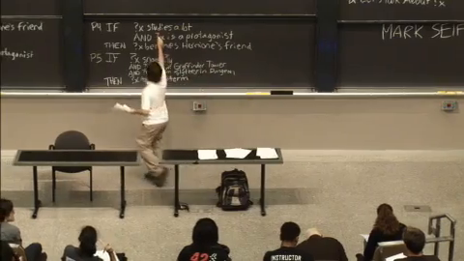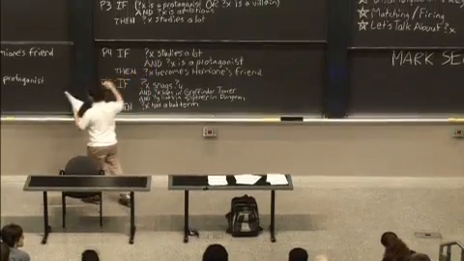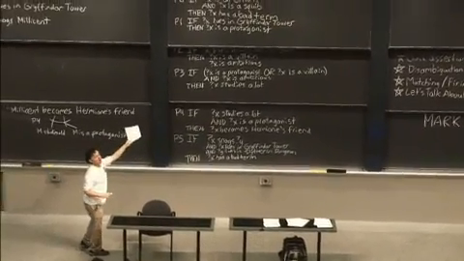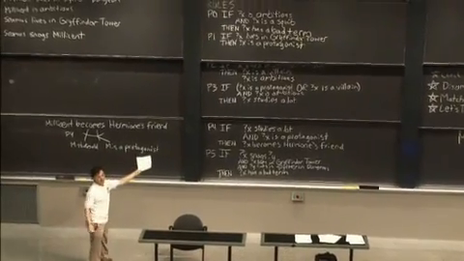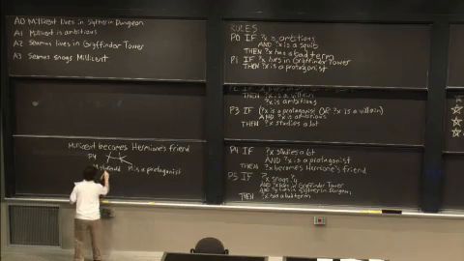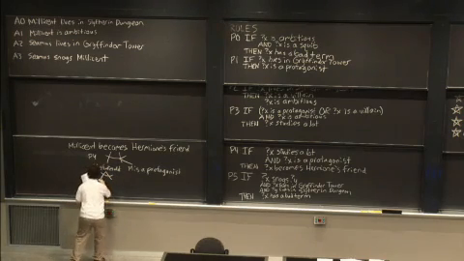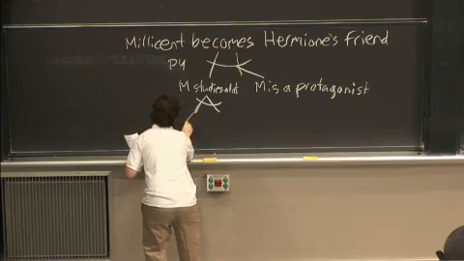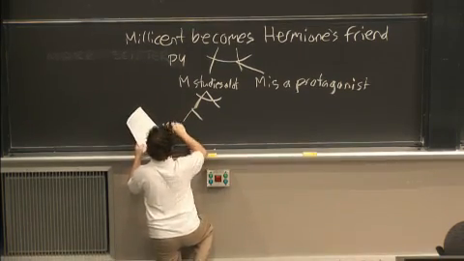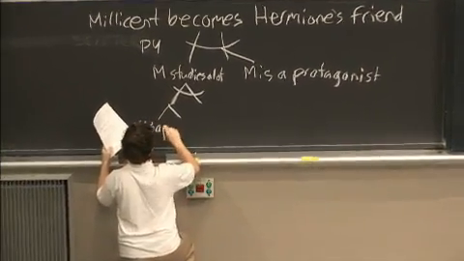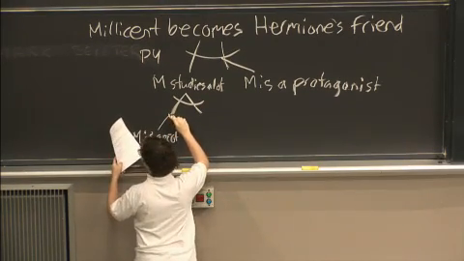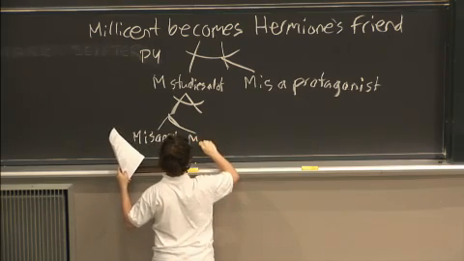We heard that we need to add an AND node, which also has an OR node at the bottom of it, because this is a little bit of a complicated rule. So we have an AND node, and the first thing on the AND node is Millicent is a protagonist or Millicent is a villain.